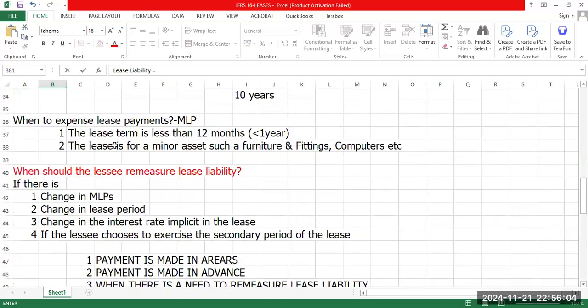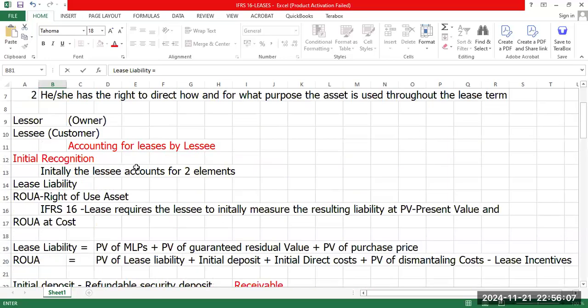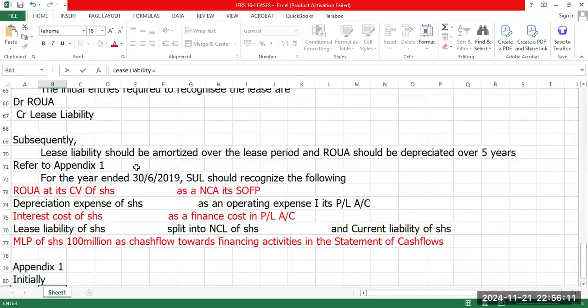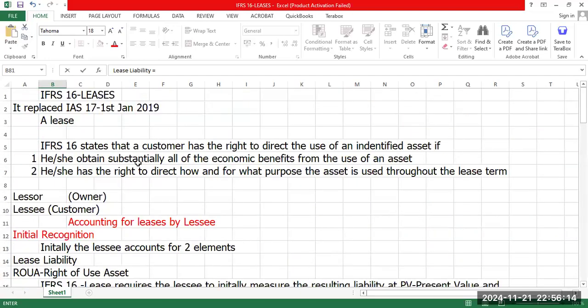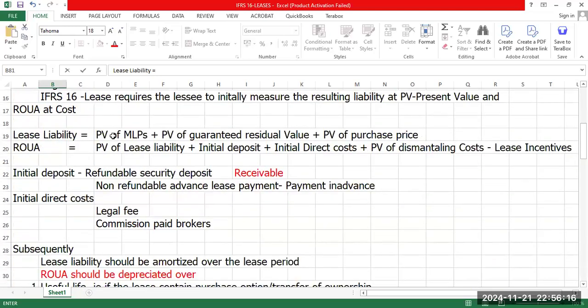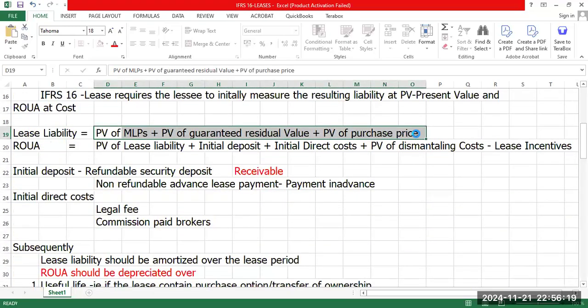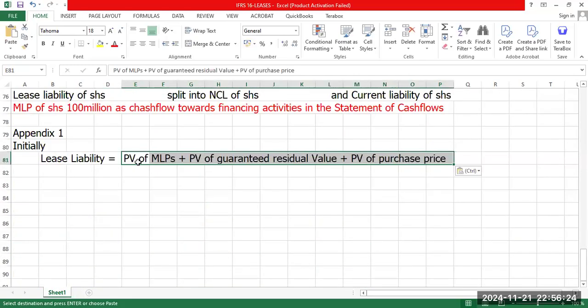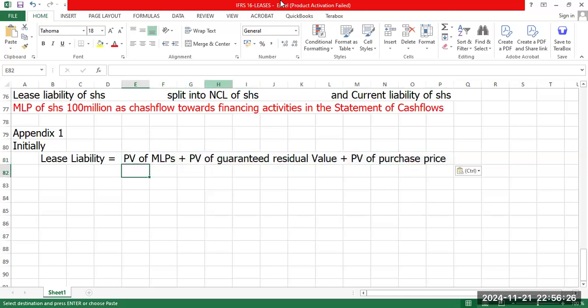This liability, we have the formula. Very well. Okay, this is our formula. So you handle one by one separately.